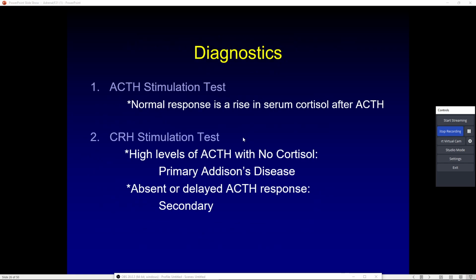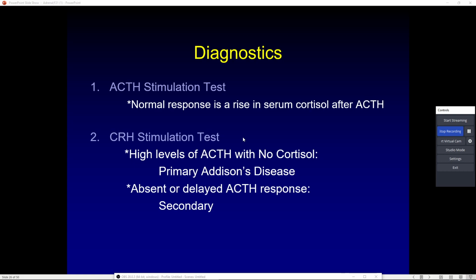How do we diagnose it? Real simple. ACTH stimulation test. What we should see, if we give ACTH or stimulate ACTH levels of the body, would be a rise in serum cortisol. If a rise in serum cortisol does not occur, ACTH would be questioned, and the ability of the body to regulate ACTH would also be further in question.